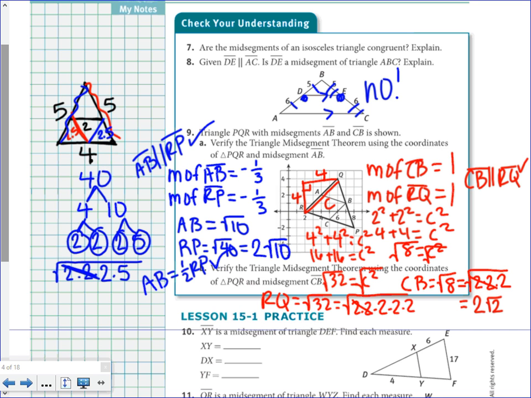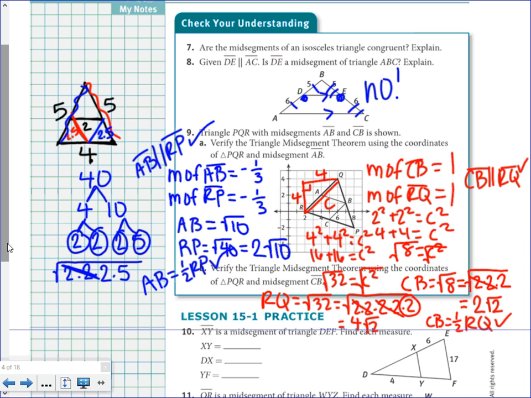We have one pair of 2's, and we have another pair of 2's. 2 times 2 creates a 4 outside of the radical. You multiply them. 2 times 2 makes that 4, and we're left with a square root of 2. And so as you can see, CB is half of the length of RQ. So that's verifying the triangle mid-segment theorem for those two.